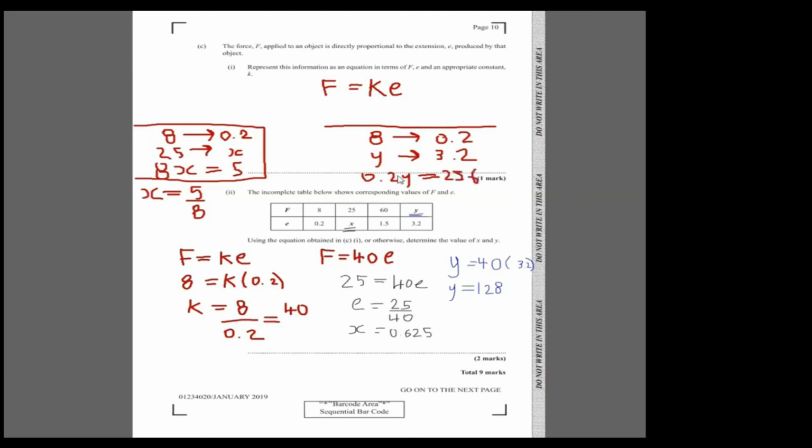And so what you do then is say y is 25.6 over 0.2. This is just the alternate method of doing the question. Any way you prefer to do it is fine. And this will give you also y is 128.